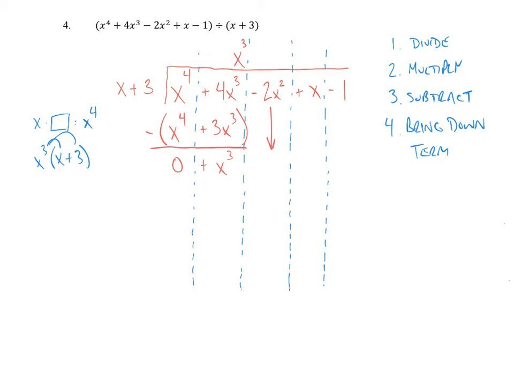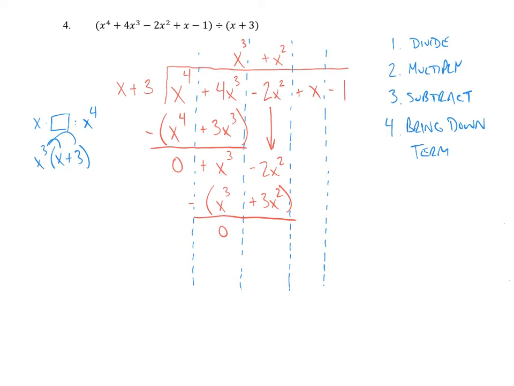X goes into x cubed, x squared times. So we're going to put it plus x squared. X squared times x is x to the 3rd. X squared times 3 is 3x squared. Now we're subtracting. X cubed minus x cubed is 0.